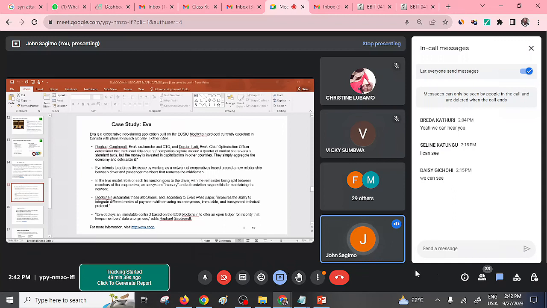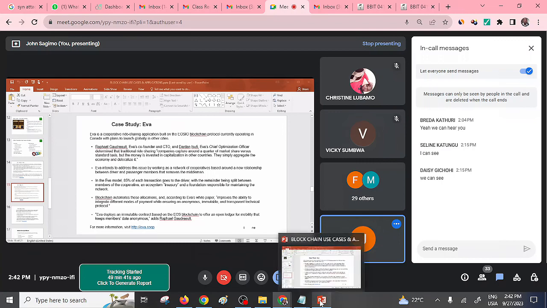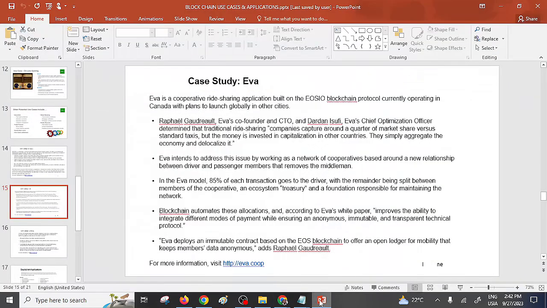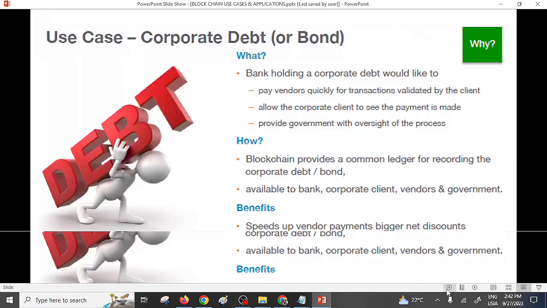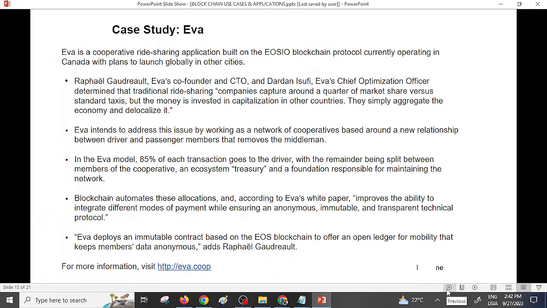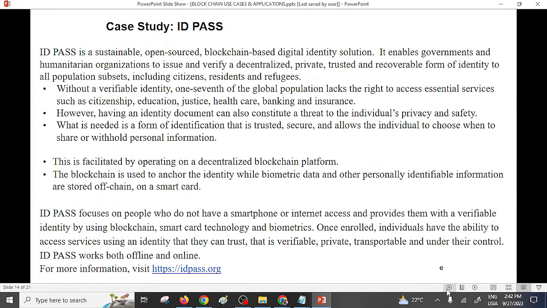Anyway, let me just try. Okay, I hope you can see it again now. Can you see it? Yes. So just read the first paragraph.